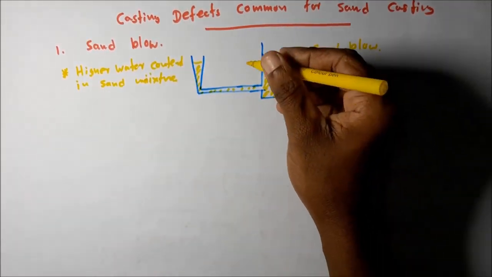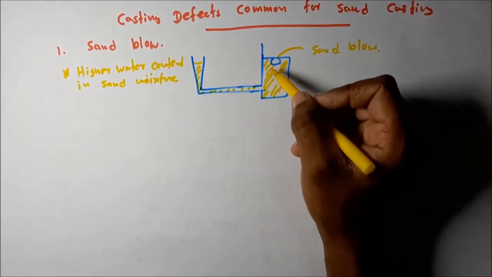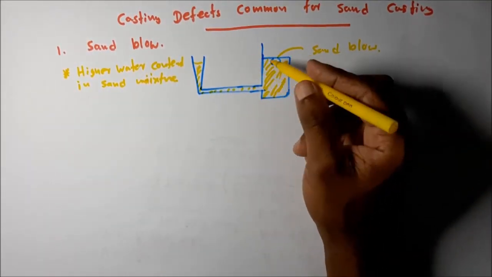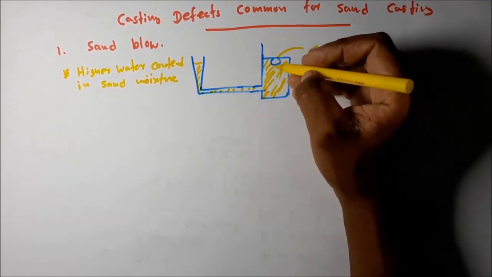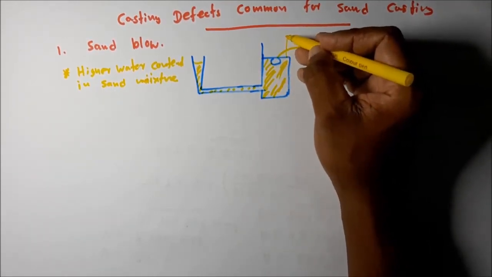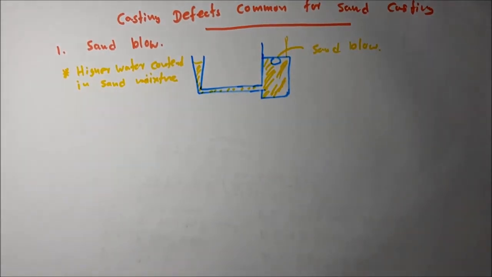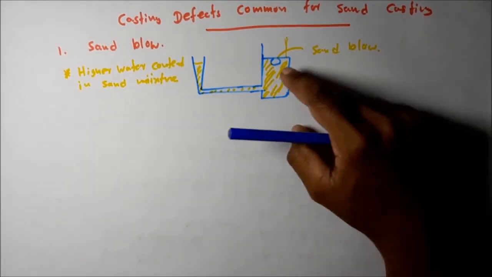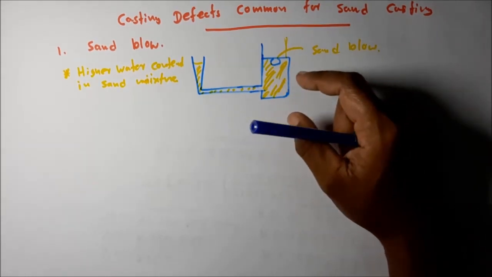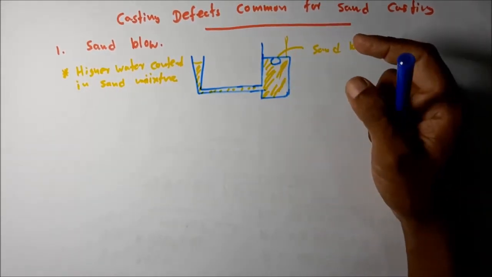Higher water content in the sand mixture results in producing steam. Then this steam is trapped inside during pouring. The vent hole is not able to let it escape. In some situations, they are not able to let all the air produced inside the mold escape, so this kind of cavity defect forms.